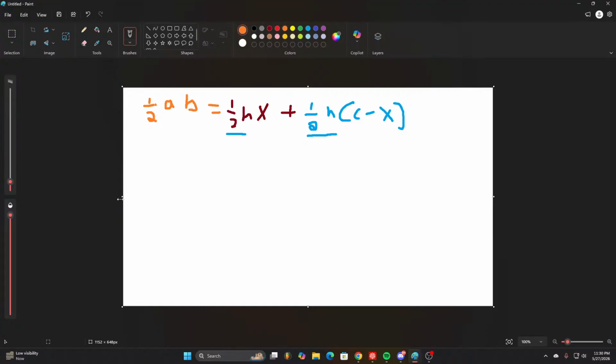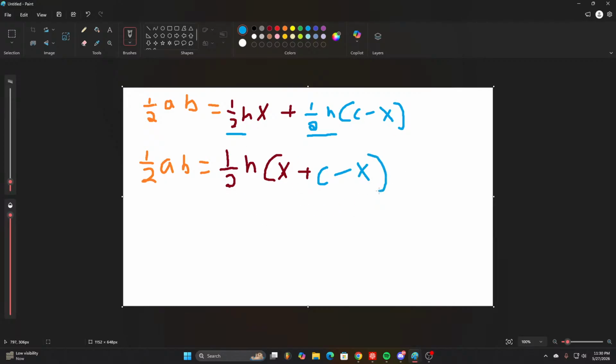So 1/2 a times b is equal to 1/2 h times x plus c minus x.